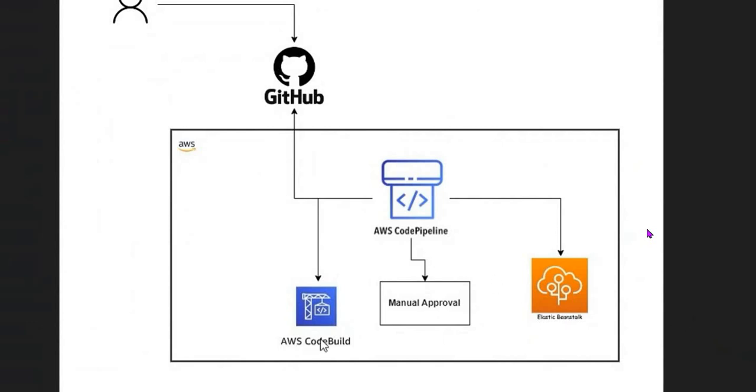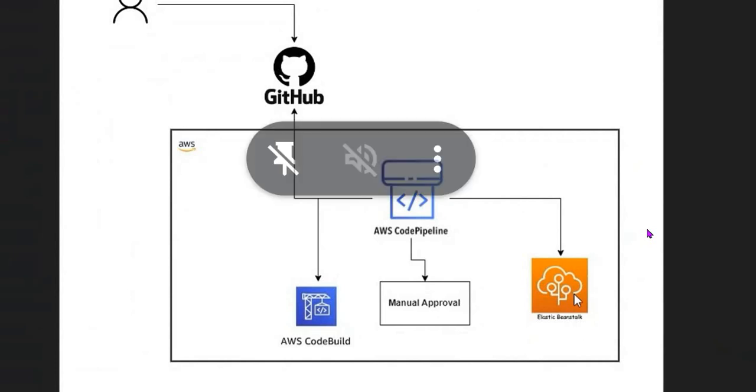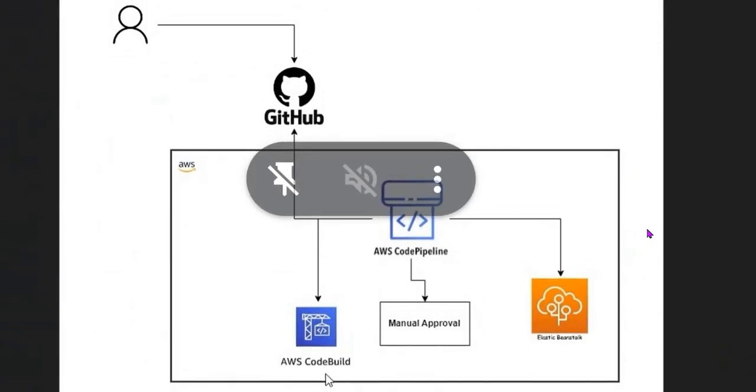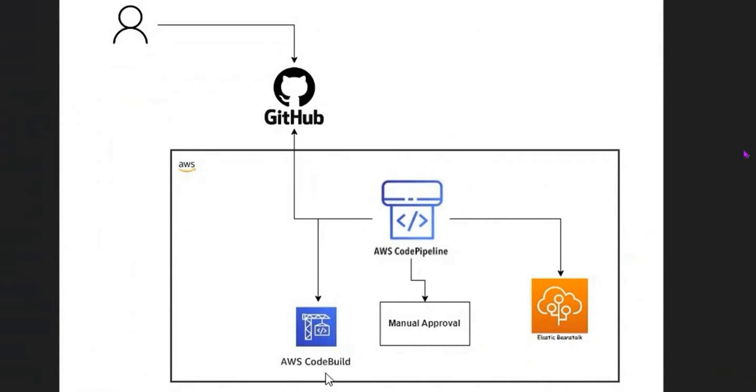CodeBuild gets your GitHub repository as a source with your code, and then Elastic Beanstalk hosts your application, and CodePipeline connects your source, where your application is hosted, and the build file of your application.